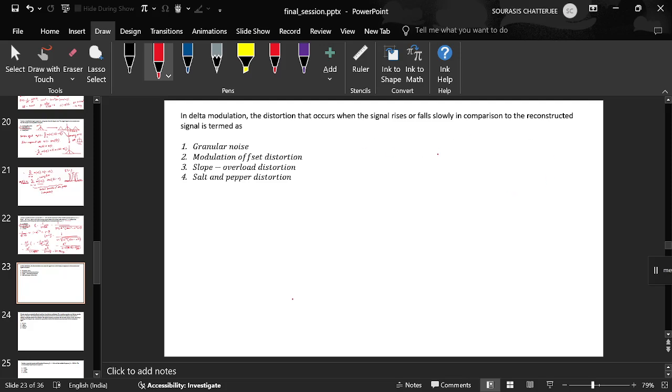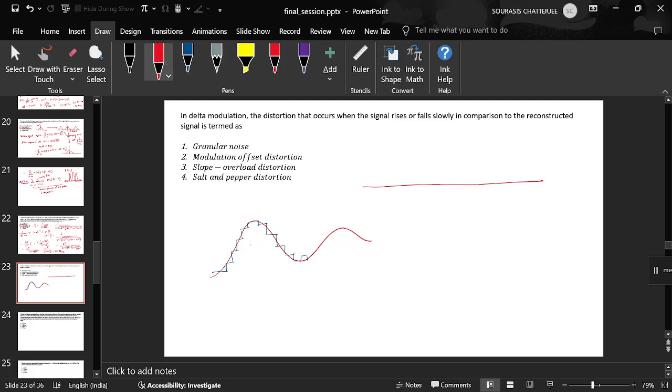So if you remember, we have already discussed that in delta modulation, which distortion occurs when the signal rises or falls slowly in comparison to the reconstructed signal. For example, in delta modulation, I have a signal increasing or decreasing like that, and I am trying to have a staircase approximation for the same, like this. So basically I am trying to quantize the difference between each symbol, and that's how I track the signal envelope.